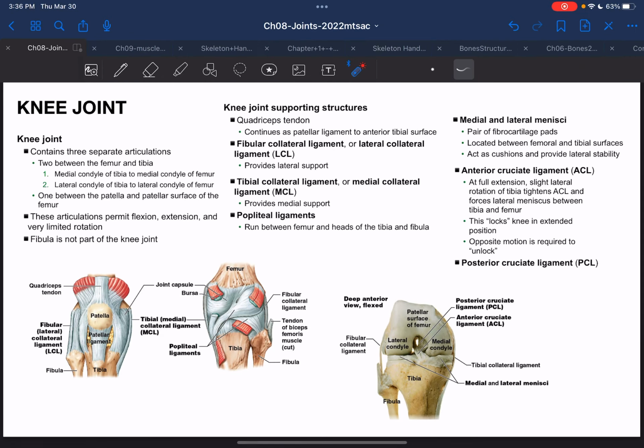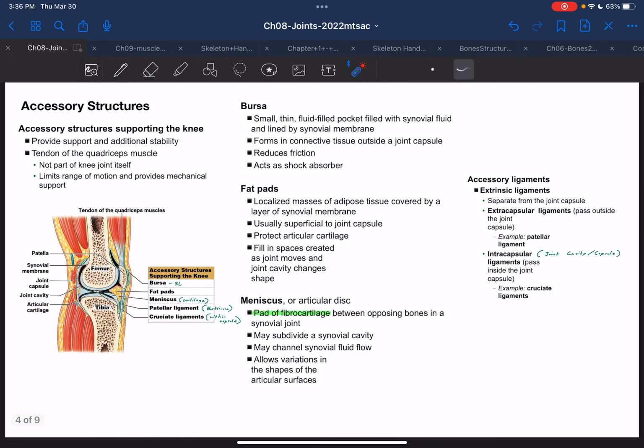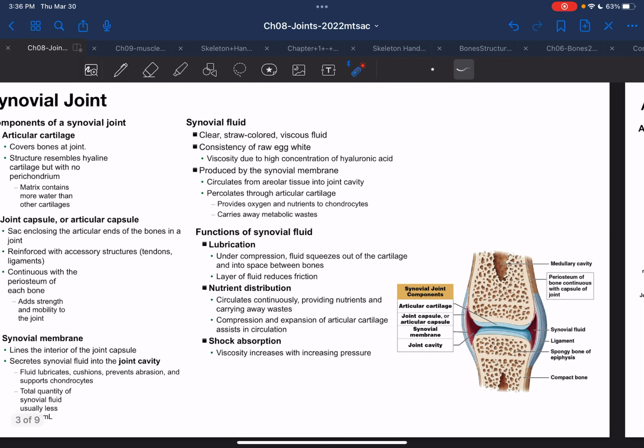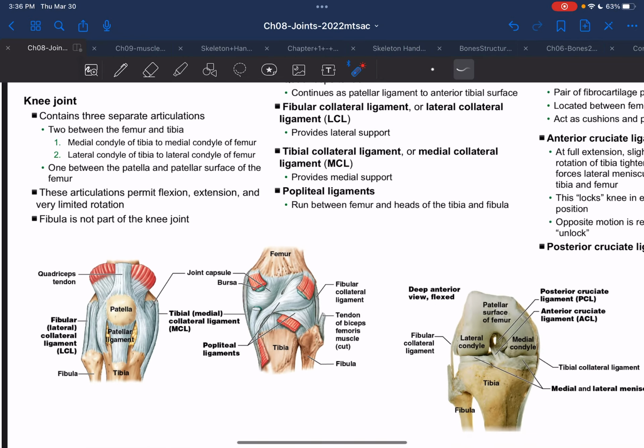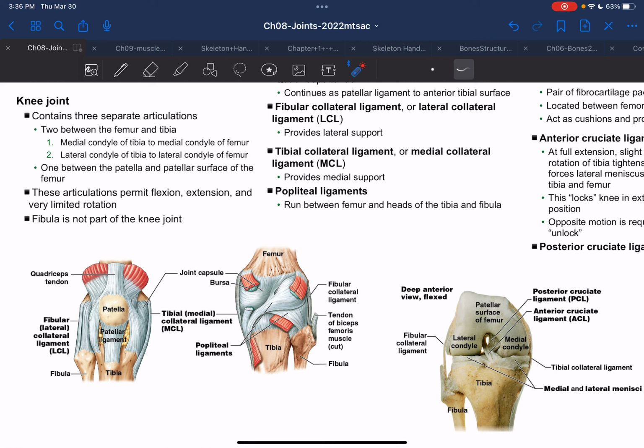And then the back end was called the popliteal. So if we examine just the knee joint, we're going to see some of these properties that resemble the accessory ones and the synovial. So I like to just stay around the knee joint because it's a popular one, because we're all going to have knee pain at some point, so it's kind of important to understand it. So let's get organized here.